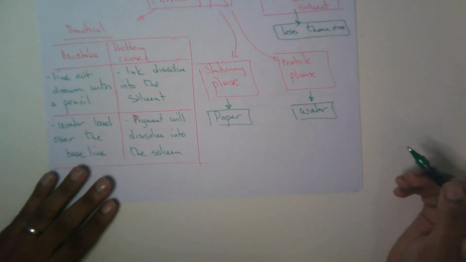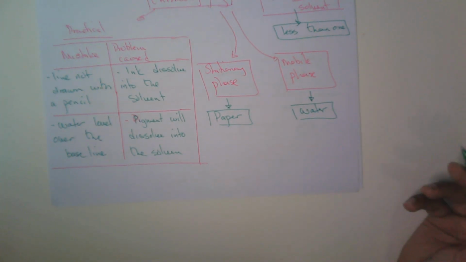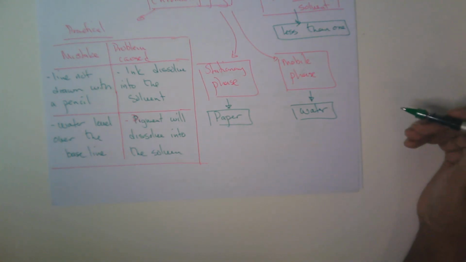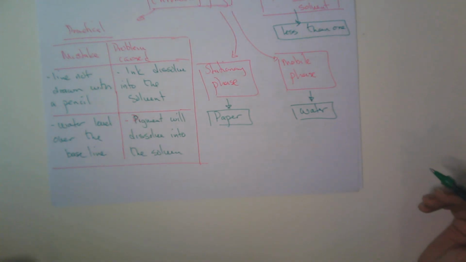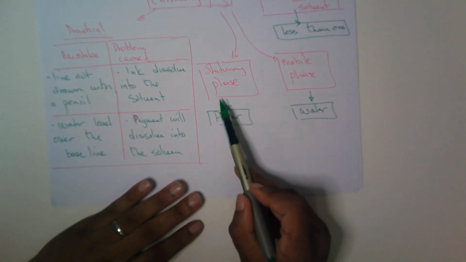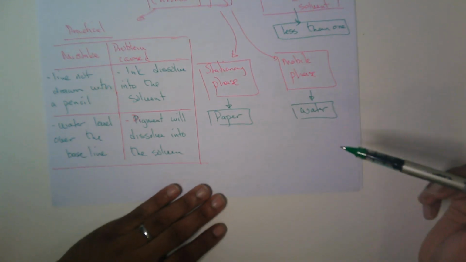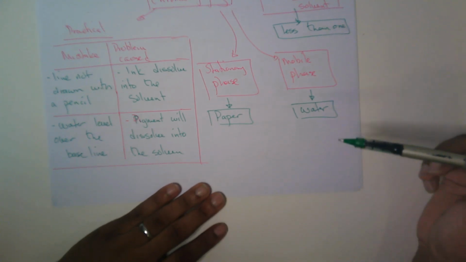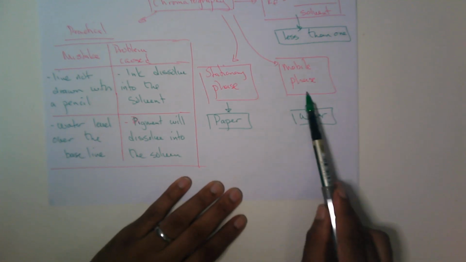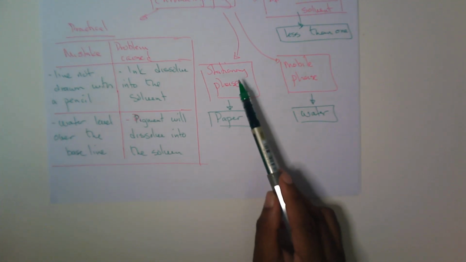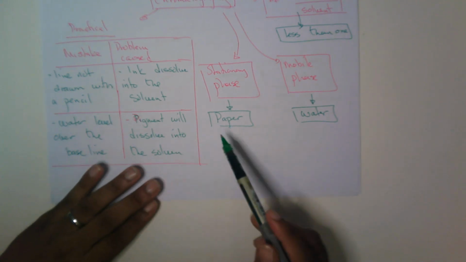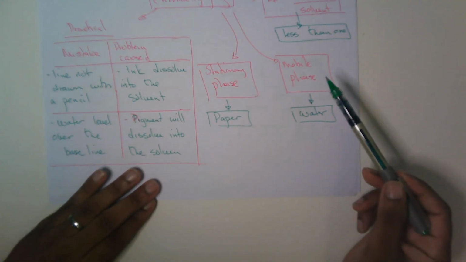Now, if the pigment is very soluble in water, what will happen is it will travel up the paper the most. And what that means is you need to then discuss it based on its affinity towards the stationary phase compared to the mobile phase. So if the pigment moves up the paper the most, that means it's more attracted to the mobile phase compared to the stationary phase. And if the pigment doesn't move up the paper that much, that means it's more attracted to the stationary phase compared to the mobile phase.